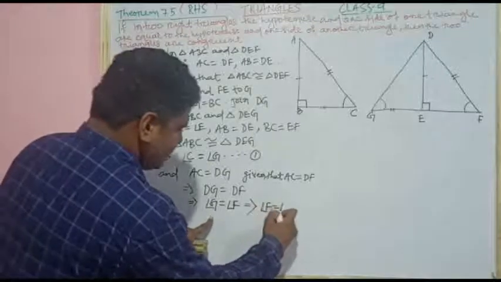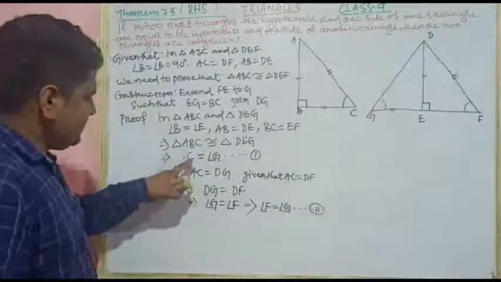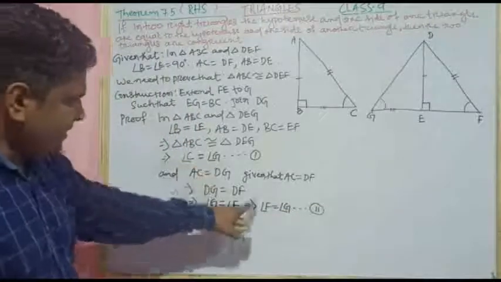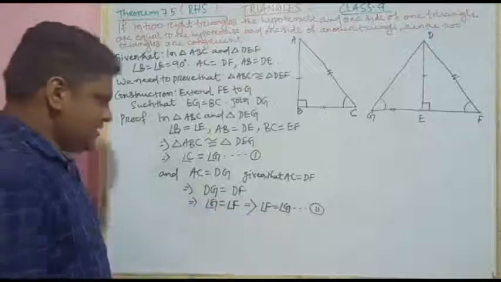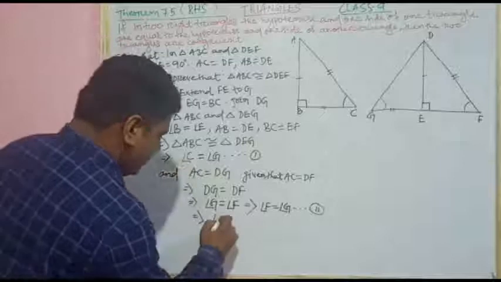Let it be equation 2. See this, angle C equal to angle G and angle F equal to angle G. This implies that angle C equal to angle F.